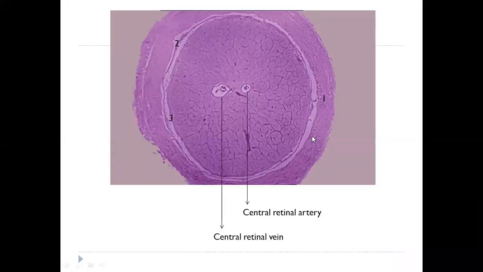So can anyone tell me a few differences between the two, between peripheral nerve and optic nerve? Because we've spoken this much about each. If anyone can answer in the mic, that would be good. Yes, what are the differences, at least a few differences between the optic nerve and peripheral nerve? Okay, you can say the differences between the coverings.